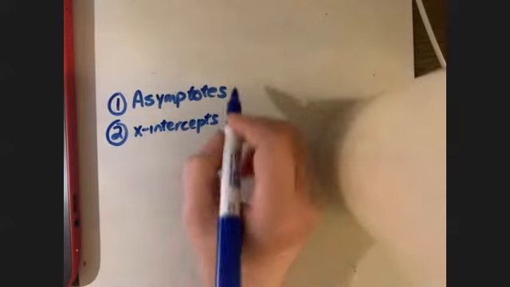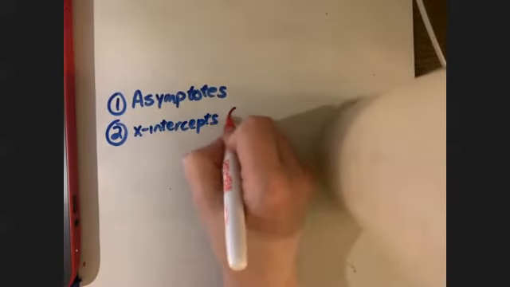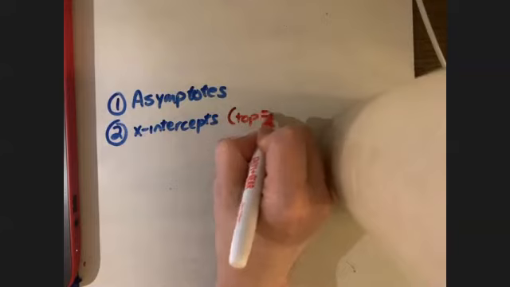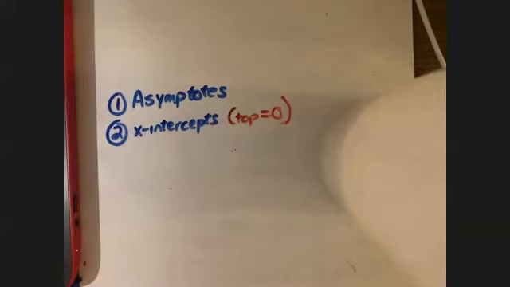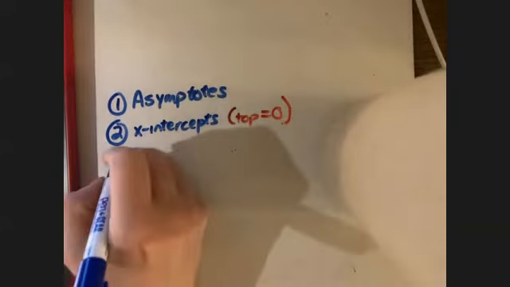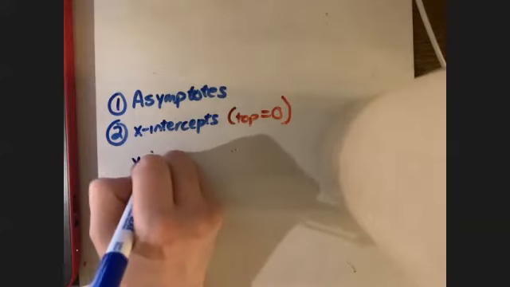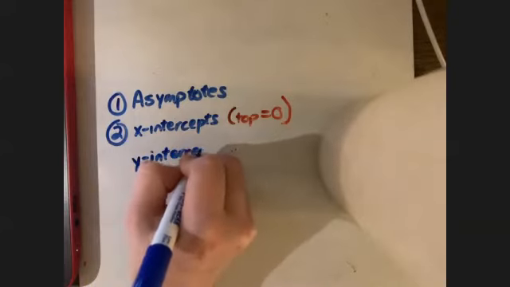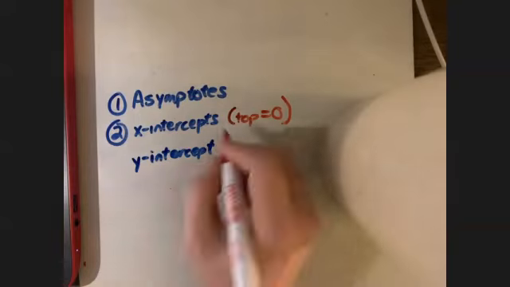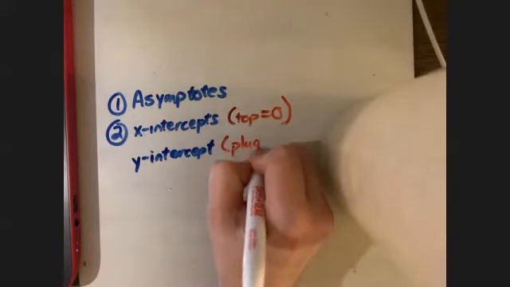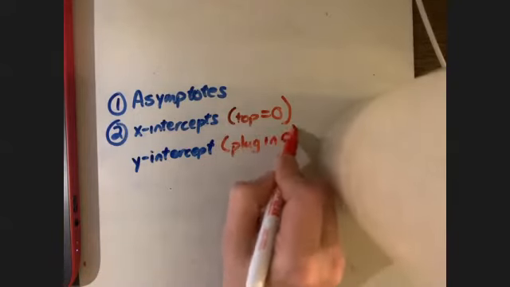Now, in order to get that, you're going to take the top and you're going to set it equal to 0. Now, I'm also going to want the y-intercept. Okay? And for that one, you're going to plug in 0 for that.